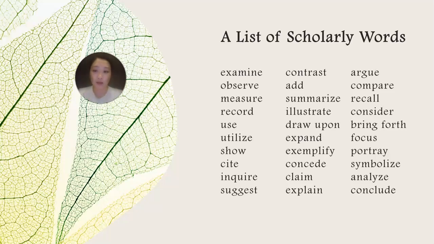If it's an argument paper, we might say that the author concedes this argument before she tells us to consider this. He summarizes an idea for us before bringing forth his new point later on in the story when he portrays something, right? That's what this list is for.